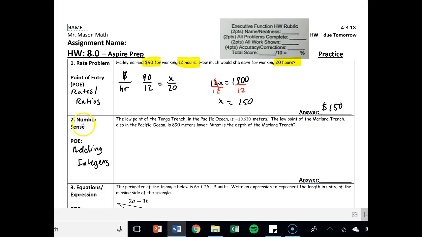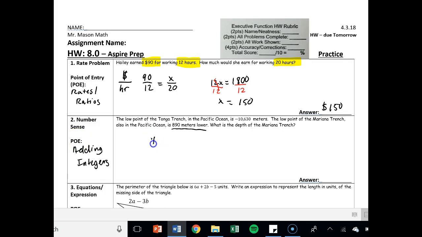Okay. Number sense here. It says the low point of the Tonga Trench in the Pacific Ocean is a negative 10,630 meters. The low point of the Mariana Trench, also in the Pacific Ocean, is 890 meters lower. So it's deeper, right? 890 meters lower. What is the depth of the Mariana Trench? So point of entry here is we're going to be adding integers.